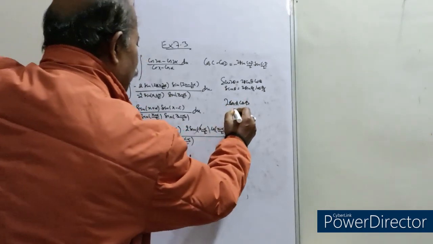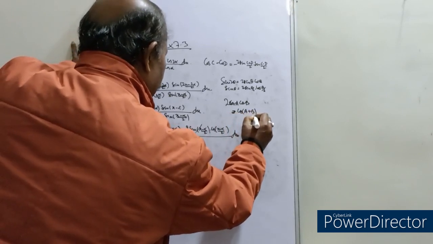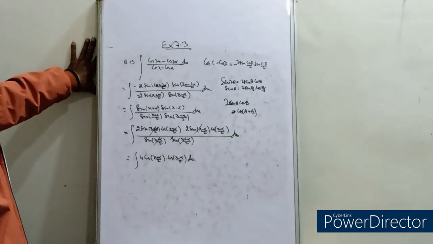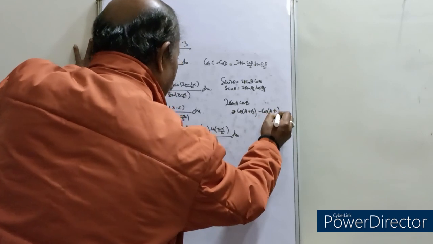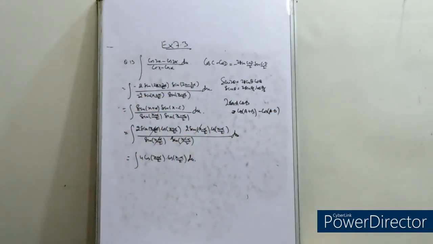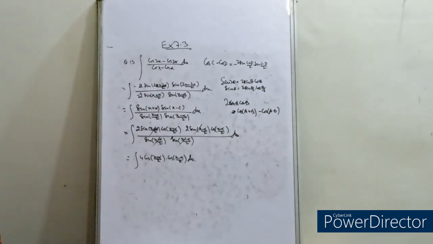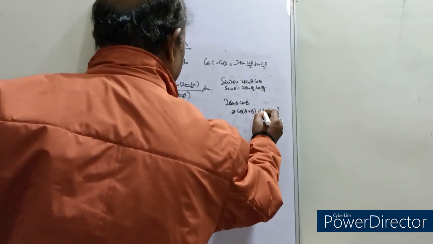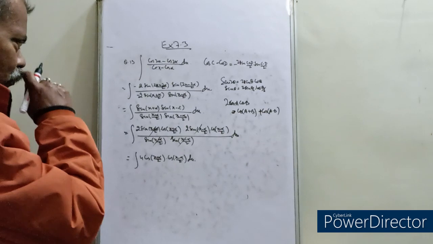2 cos A cos B will be equal to cos (A plus B) plus cos (A minus B). Because cos A cos B minus sin A sin B, and plus cos A cos B plus sin A sin B, the sin A sin B terms cancel out. So I am going to use this formula.